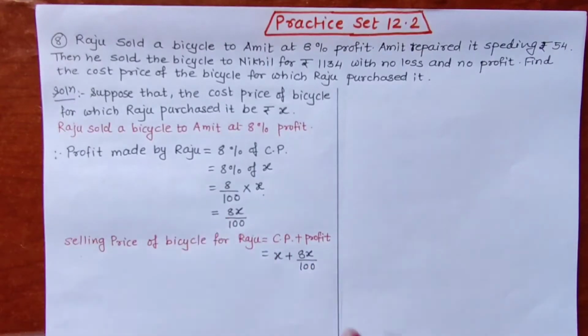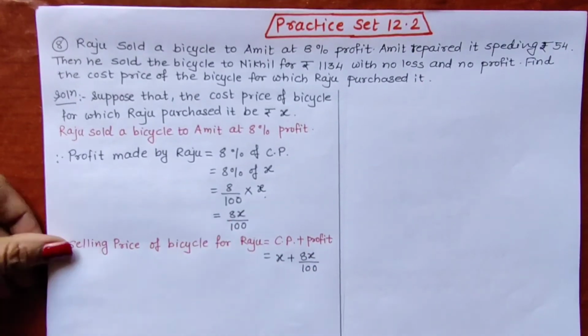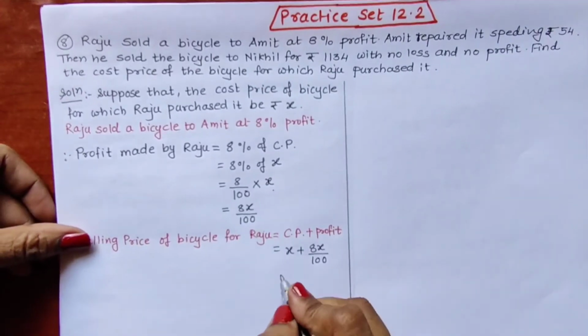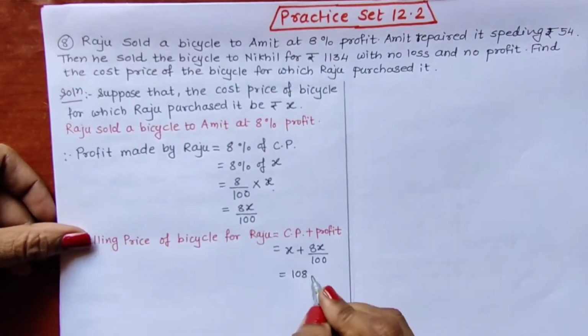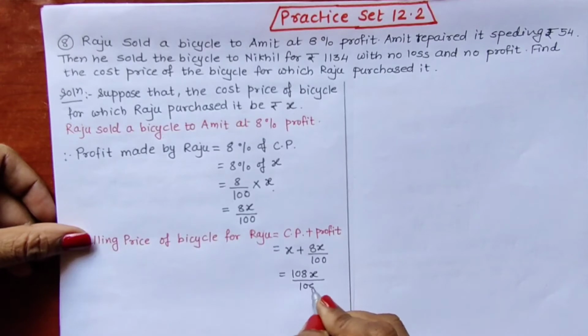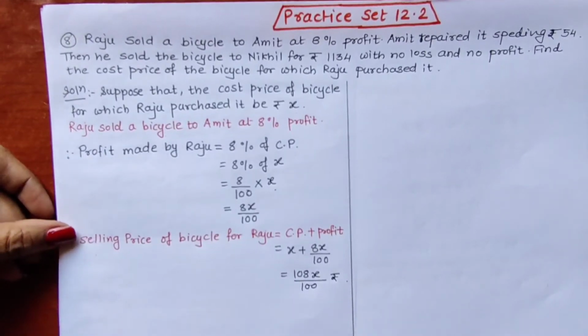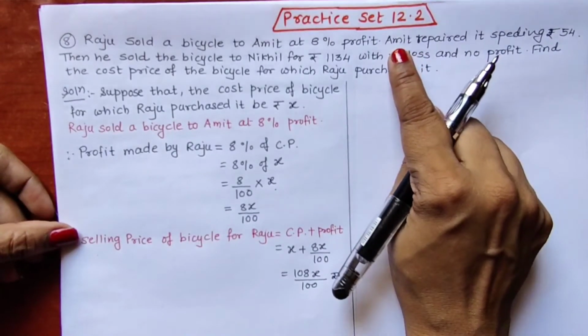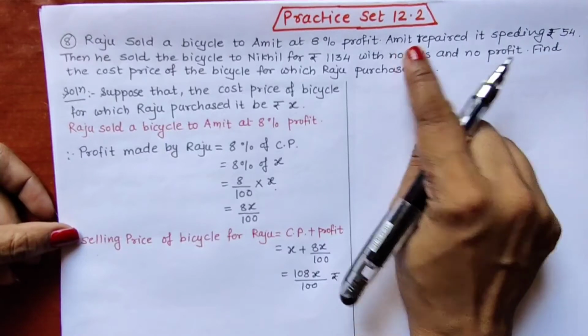So the answer is 108x upon 100, and this is the selling price of the bicycle for Raju, in rupees.